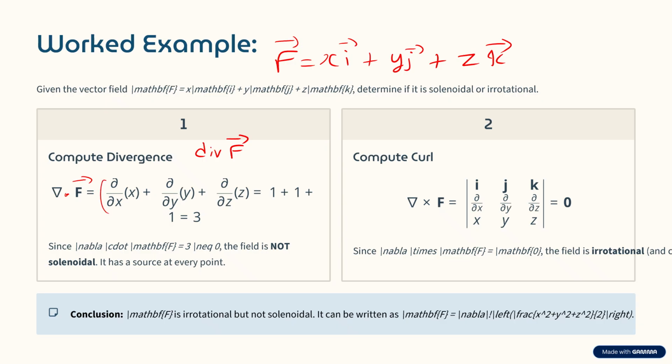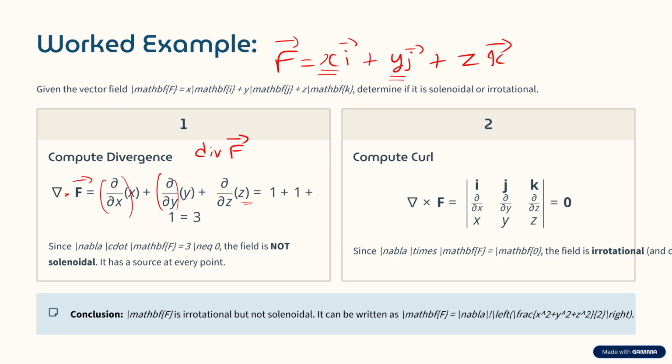This dou by dou x is the coefficient of i vector in the del operator, and this x is the coefficient of i in f vector. So dou by dou x operates on this variable x. Similarly, j dot j will give you dou by dou y of y. y is the coefficient of j vector in f vector. Then z is the coefficient of k vector.